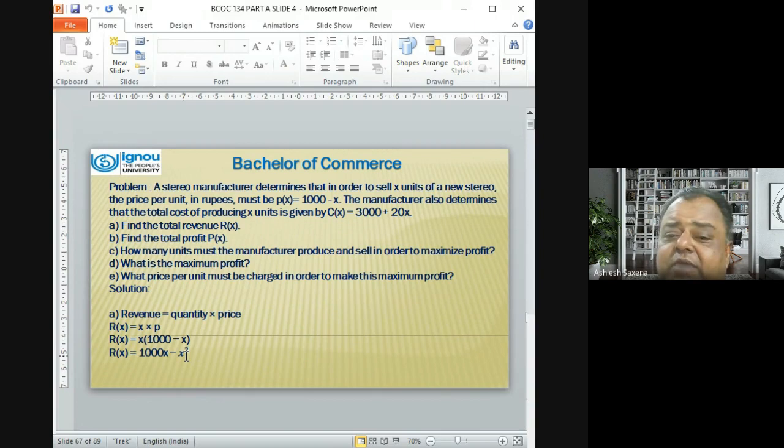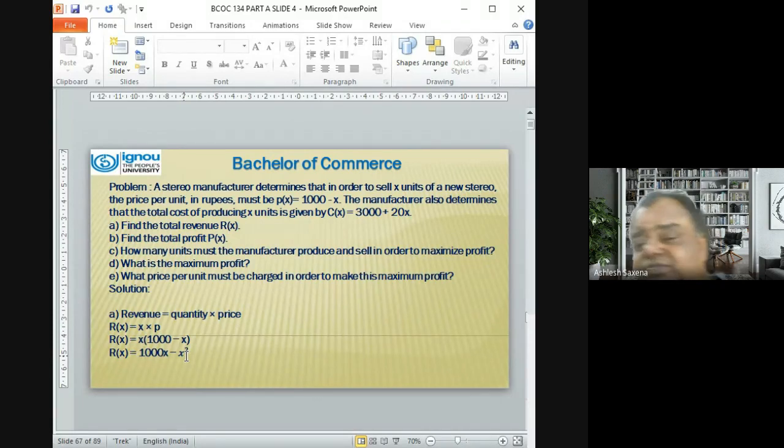A stereo manufacturer determines that in order to sell X units of a new stereo, the price per unit in rupees must be Px is equal to 1000 minus X. The manufacturer also determines that the total cost of producing X units is given by Cx is equal to 3000 plus 20X.